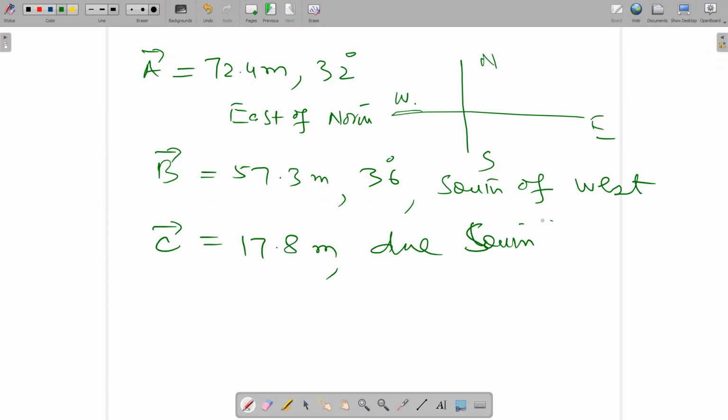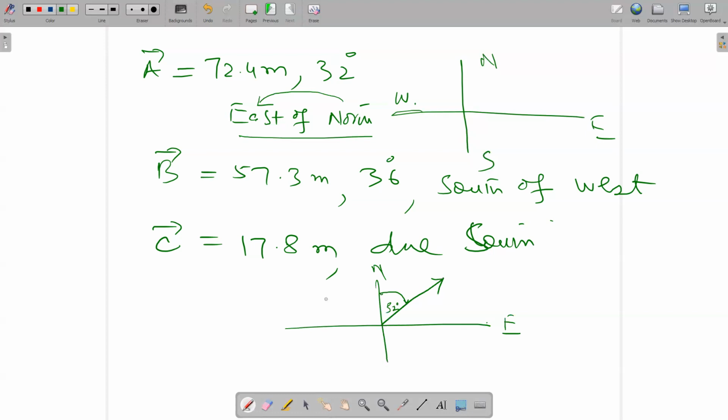So what you will do to find the resultant? This is east of north. East of north means from north to east. If this is north, this is east, it means this is the vector. East of north means from north to east, this angle is 32 degree.